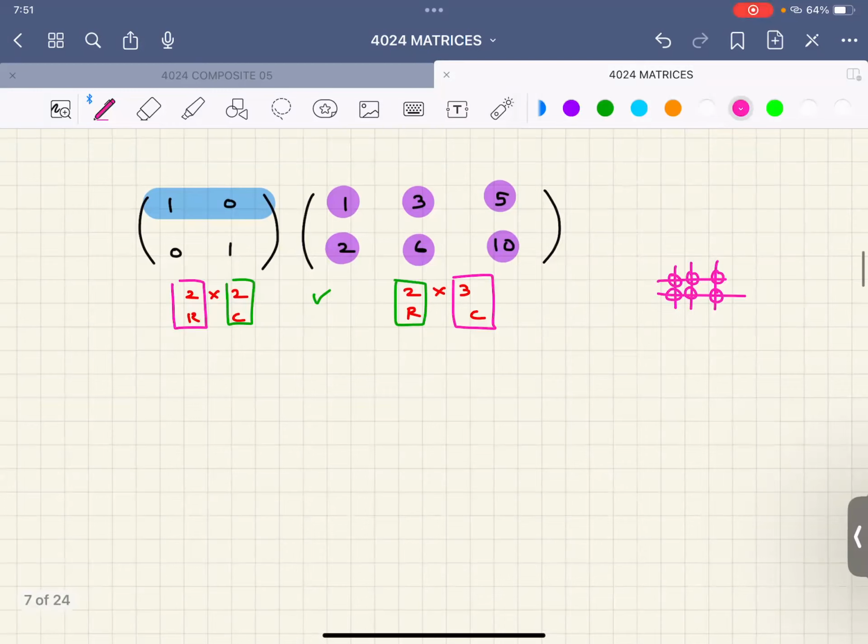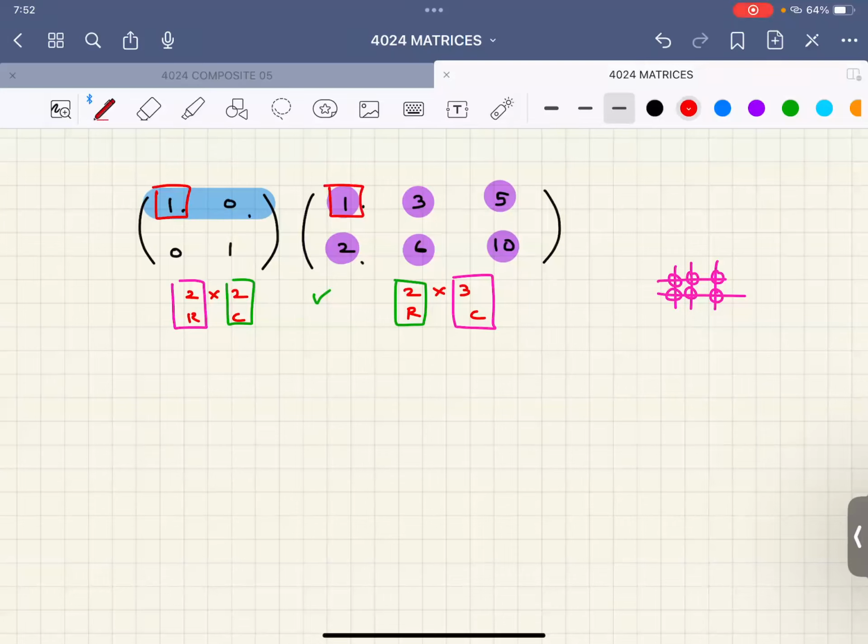Now, let me simplify this. 1 with 1 and 0 with 2. So basically, it's just 1 multiplying with this 1. The 0 will make everything 0. So 1 into 1 is 1. And then 1 into 3 is 3. And then 1 into 5 is 5. The first 3 numbers are like this.